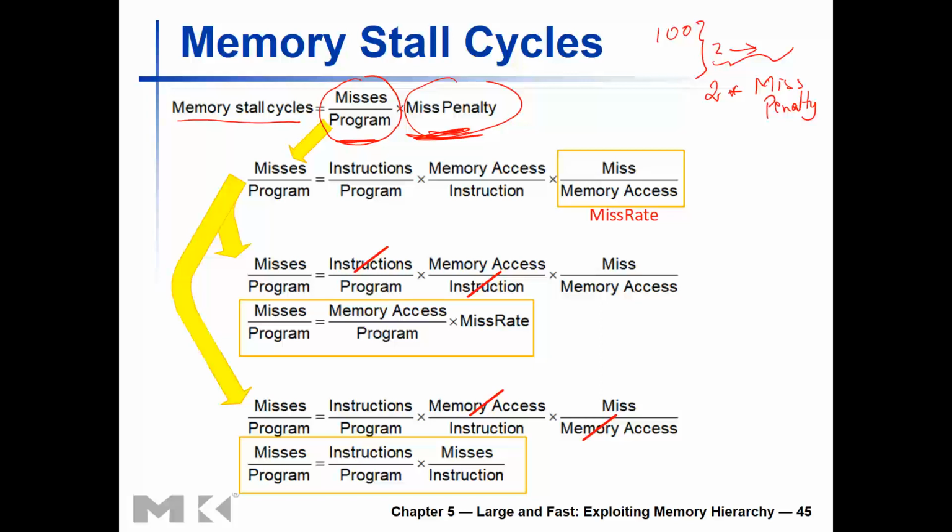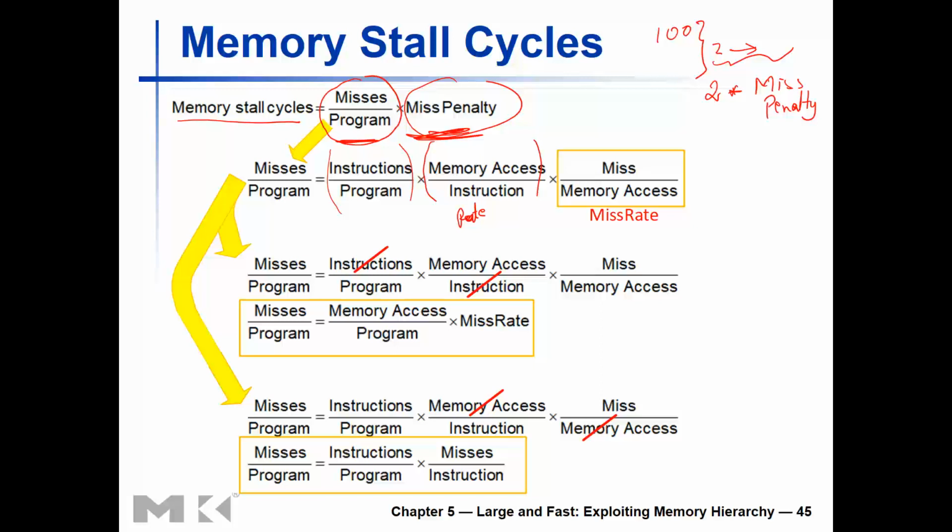Well, we have to know how many instructions we are executing in the program, and what is the rate of memory accesses per instruction. This is a rate here. So for example, if I have 100 instructions, 10 of those are memory accesses. We need to know the rate so that I can get the number of instructions that will access the memory.